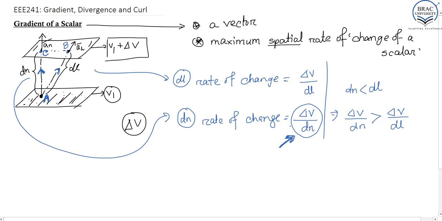So if we write it as dV divided by dn and associate it with a unit vector directed along the AC direction, we will get what is called the gradient of V.